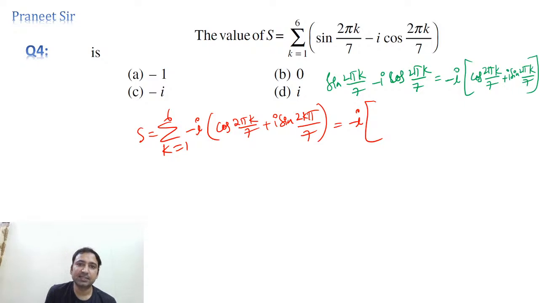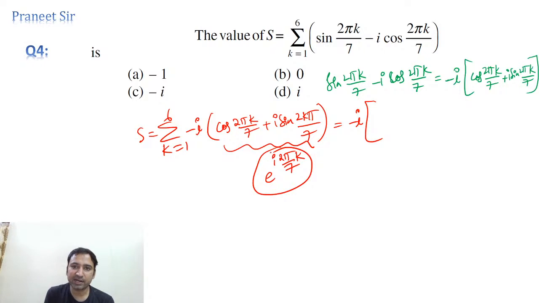See, isn't it the seventh roots of unity? You can write it as e power i 2 pi by 7. This is the seventh roots of unity, guys. Otherwise, you can write it like this: suppose you take e power i 2 pi by 7 whole power k.